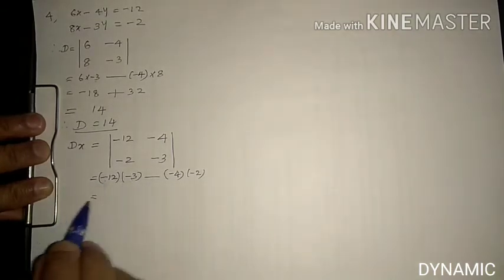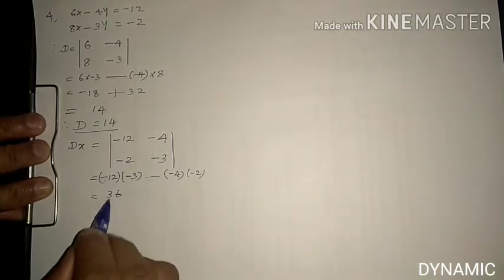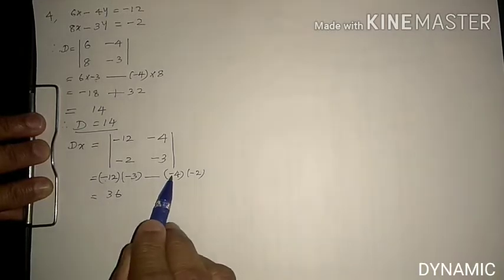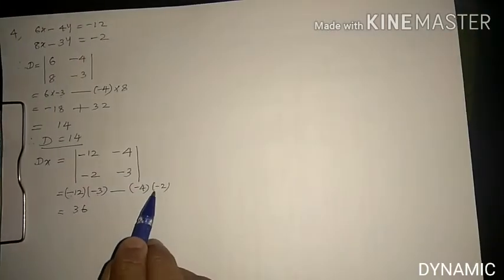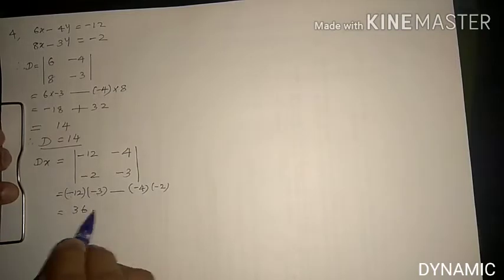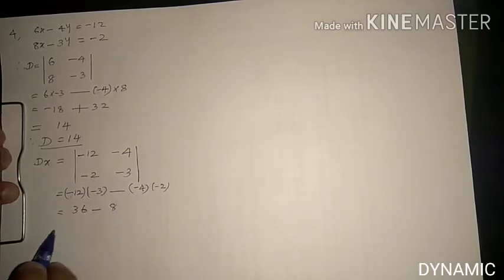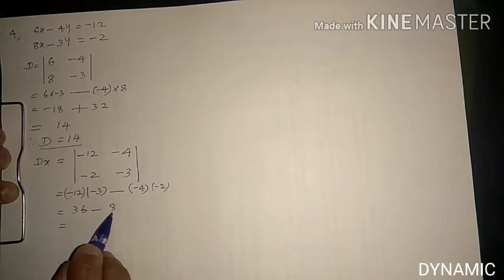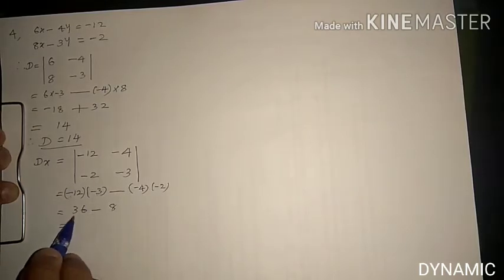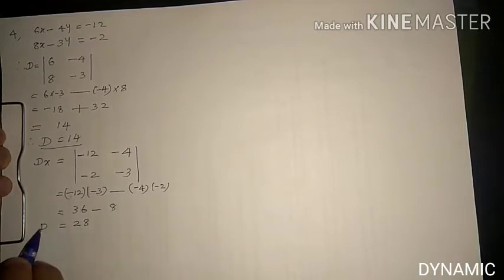Minus into minus, plus. 12 3s are 36. Here minus into minus, plus. 4 2s are 8. 36 minus 8. Add 2 here, 10. Same 2 here, 38. 38 minus 10, 28. Greater number sign.